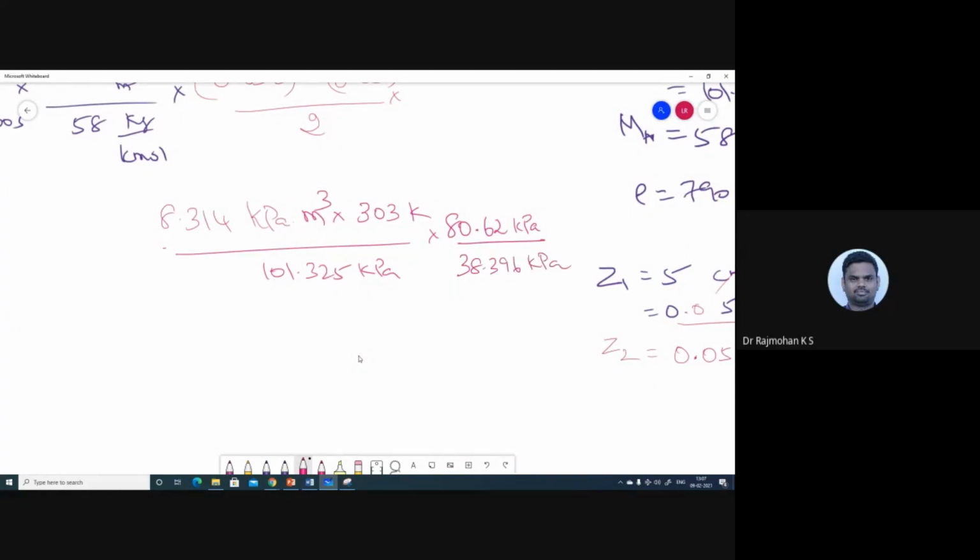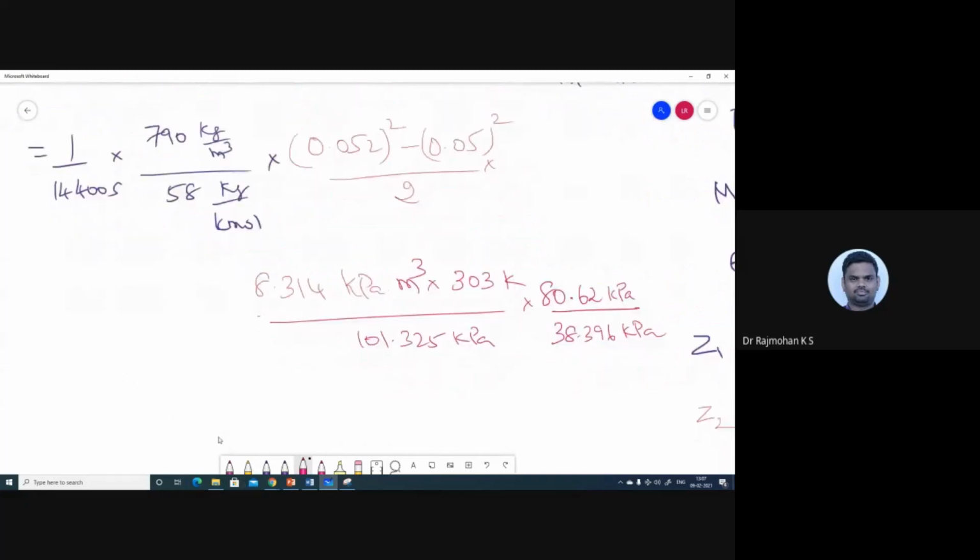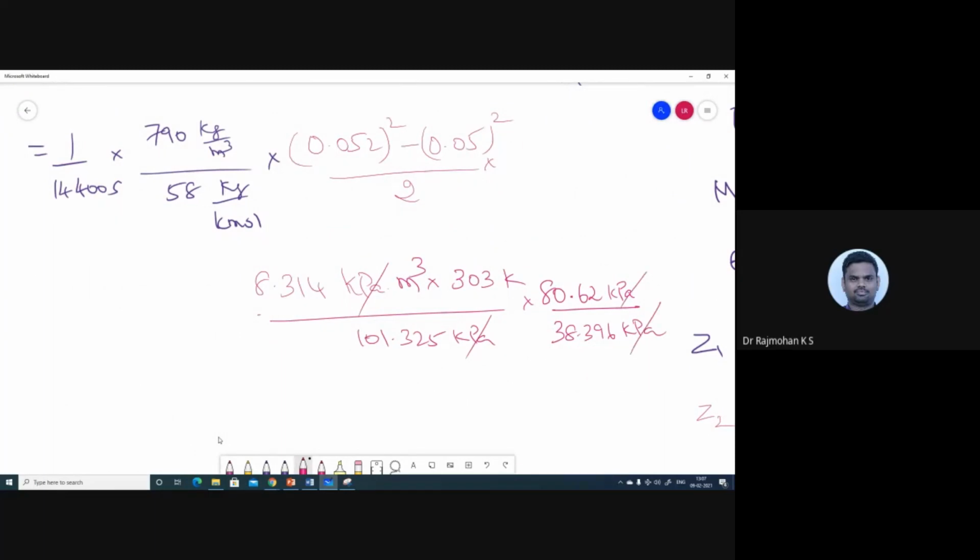Show that the units tally. We have kilopascal, kilopascal, kilopascal, kilopascal, kg, kg, and meter square for this. In the numerator we have meter cube, meter square, totally meter power 5.